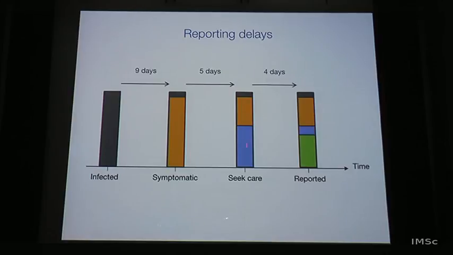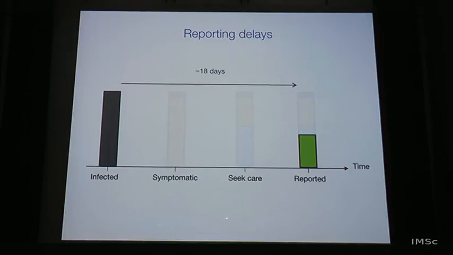And once the person seeks health care, it might take another 4 days before it is reported to the database, just because it takes some time to transfer something written on a piece of paper to a computer. So you see that in total, for Ebola, you might wait 18 days between what you see and what actually happened, and you only get a fraction of all the cases.